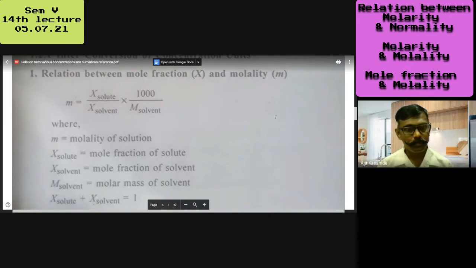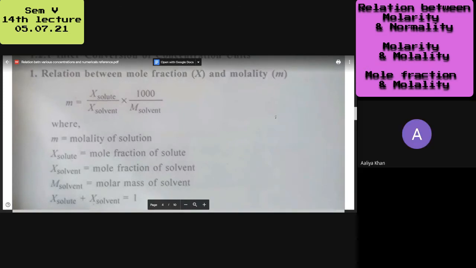Then dividing equation 1 by 2: mole fraction of solute divided by mole fraction of solvent is equal to number of moles of solute divided by number of moles of solute plus solvent, into number of moles of solute plus solvent divided by number of moles of solvent.